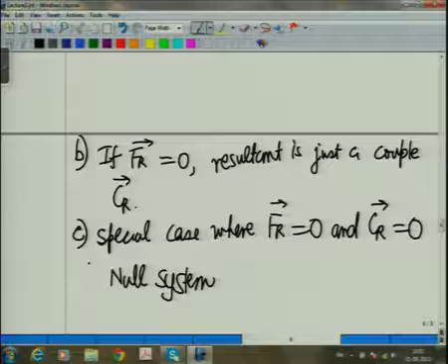That means the whole system is in equilibrium, as we will show it. There will be no forces, the sum is 0. This is what is the null system.